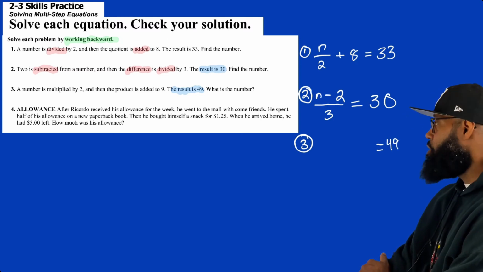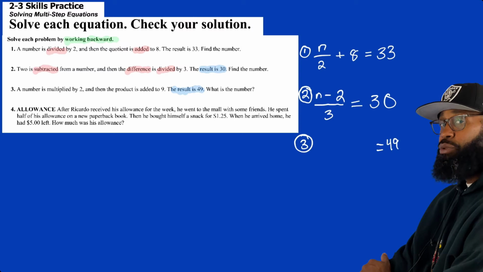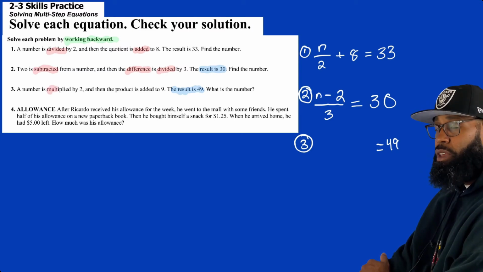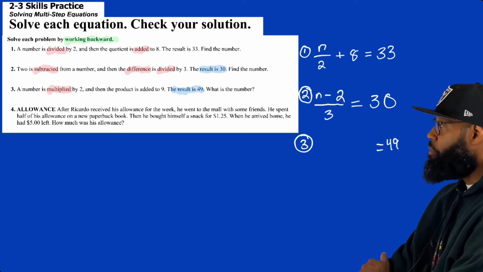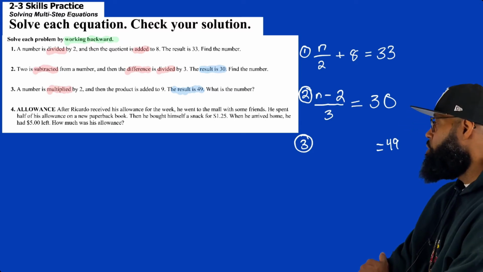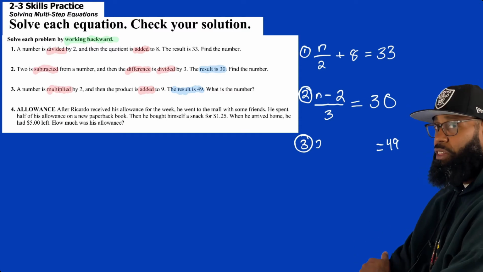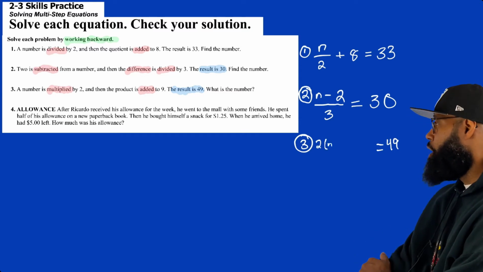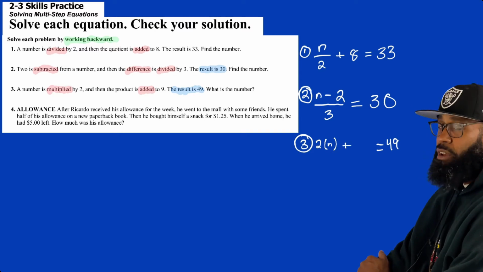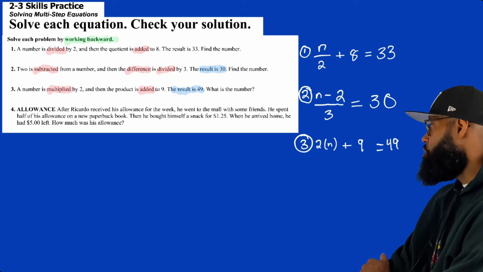And also, guys, we can talk about steps, but let's get through this first portion of going from the words to the equation, going from the sentence to the equation. So the number is multiplied by 2. So we're going to write that as 2 times n. And the product, so that thing that's multiplied, is added to 9. So we're going to add 9.